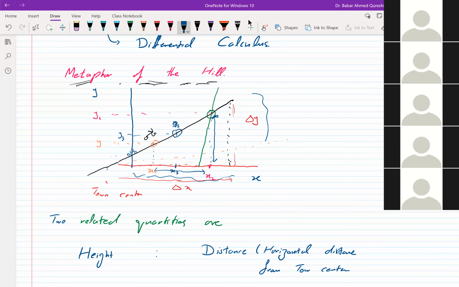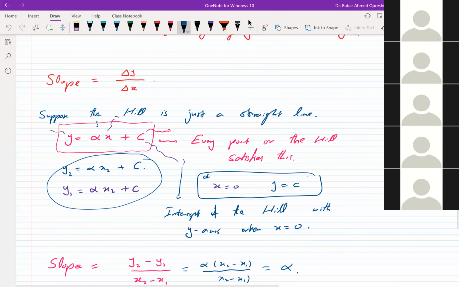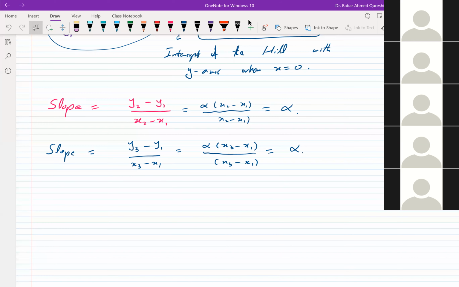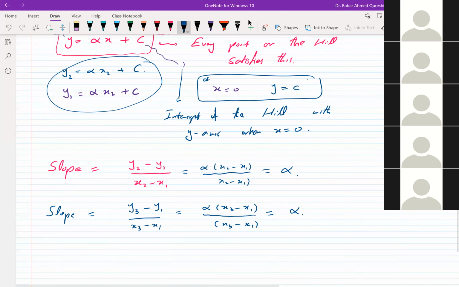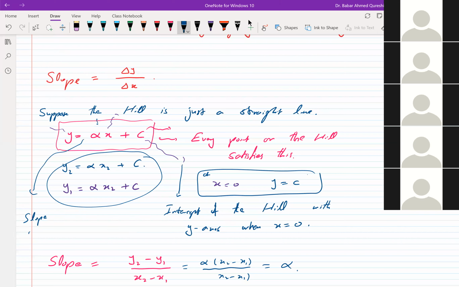It doesn't matter where you compute it, or which points you include. It's rising at a steady rate, which turns out to mean that you can choose any 2 points to compute the slope, and it always gives you alpha. So this number in this equation is just the slope of the line of the hill.